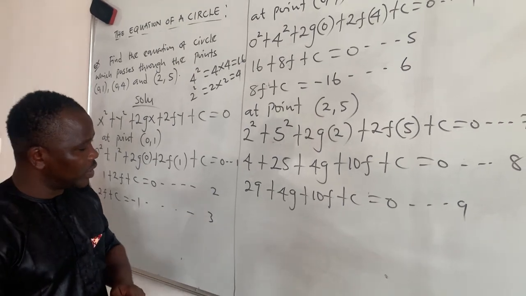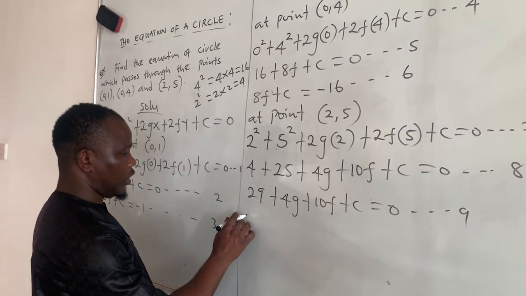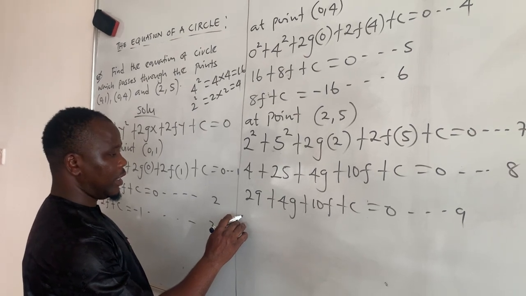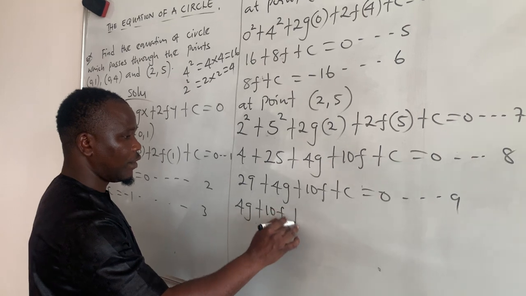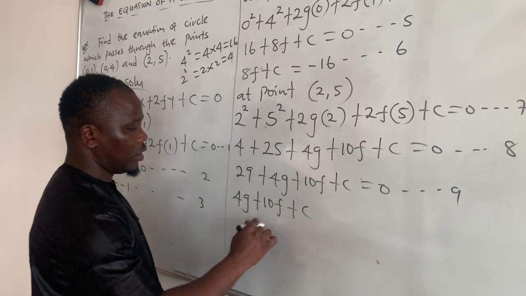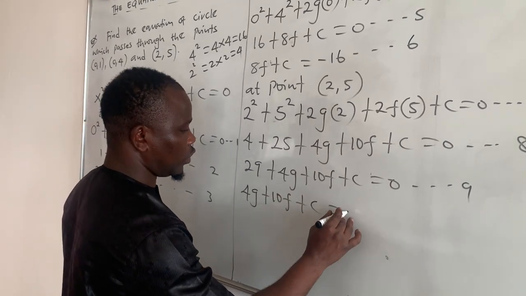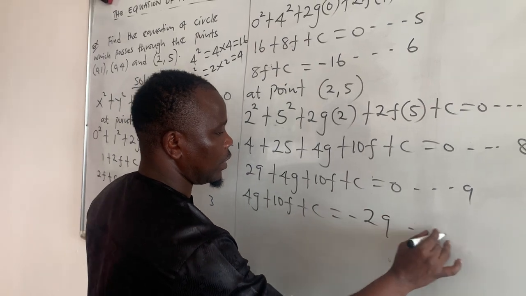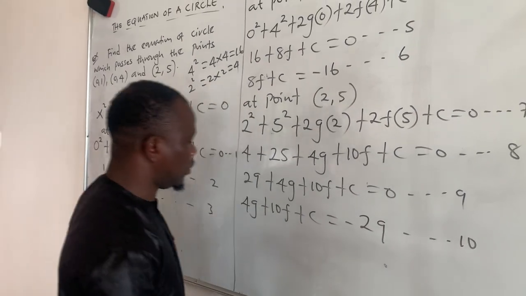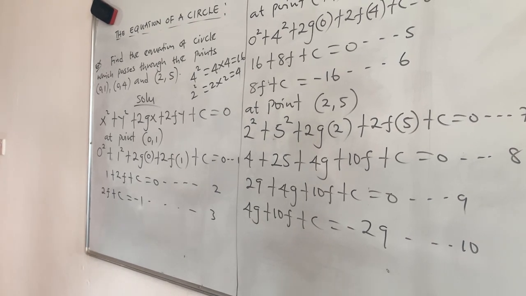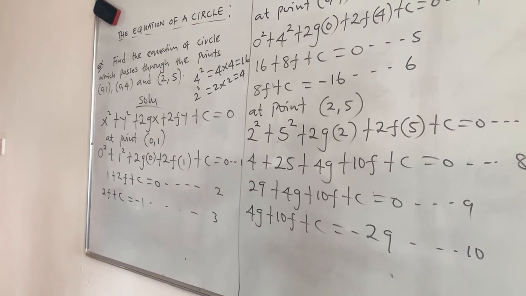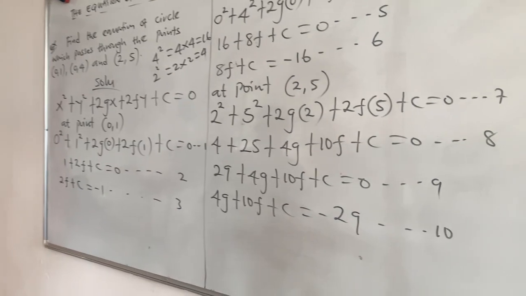We have equation 9 in this form: 4g plus 10f plus c is equal to minus 29. This is equation 10. Any question? Okay, no question.